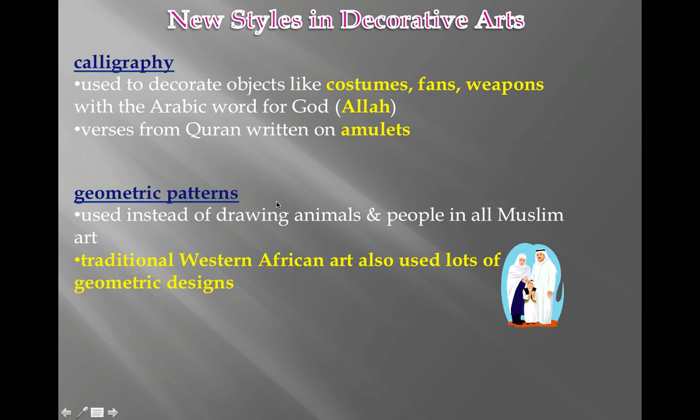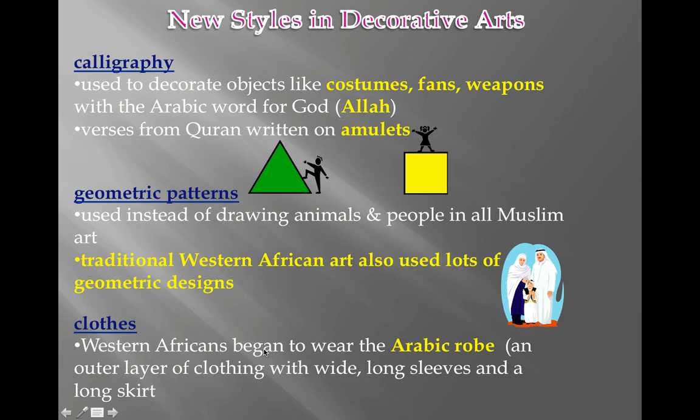We have geometric patterns. This was something used in Islam and traditional Western African art. So you just need to write down these first 4 yellow words in the 4th bullet under geometric patterns. And then lastly, clothes. More Africans began to wear the Arabic robe.